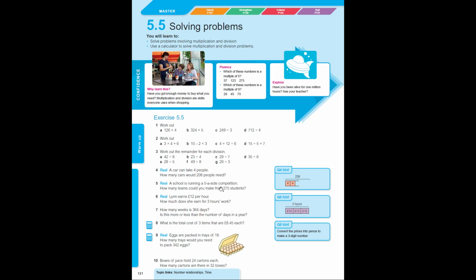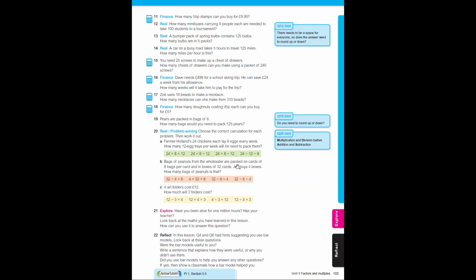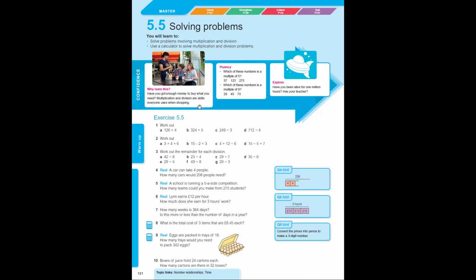The school is running a 5-a-side competition. How many teams could you make from 275 students? You're going to need to divide 275 by 5, okay? And there are a few more questions over the page. Some of them you can use a calculator for. Okay, so good luck.